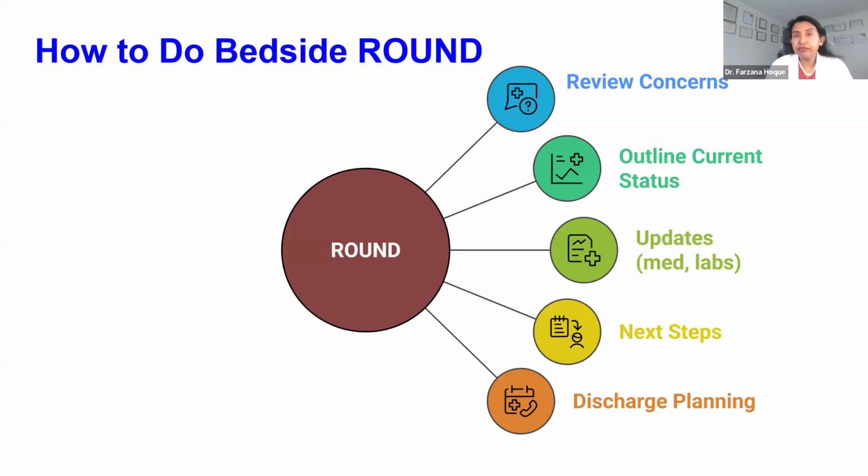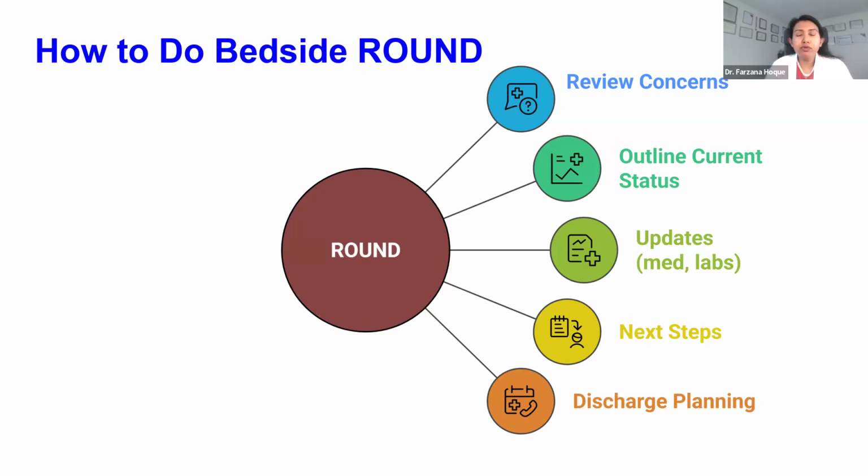Maybe you are waiting for a critical lab that will decide your treatment plan. So outline the current status of this patient. Maybe the patient's family is at bedside. If the patient is stable, they need to know, or if the patient is sick, they need to know that as well. So emphasize the current status.